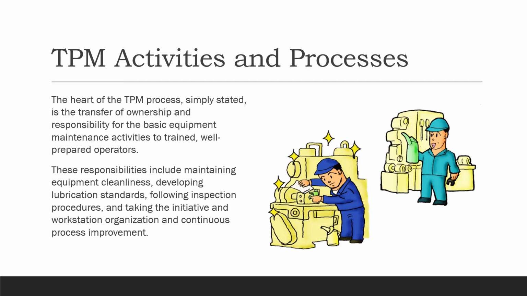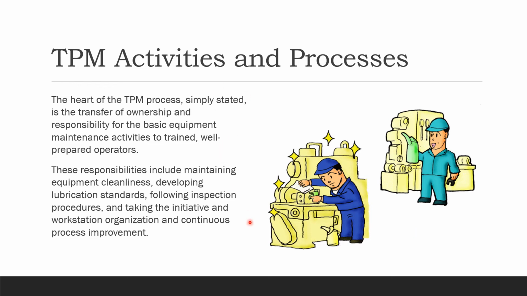The heart of the TPM process is nothing but the transfer of ownership, the transfer of responsibility for the basic equipment maintenance activities to trained, well-prepared operators. The responsibilities include maintaining equipment cleanliness, developing lubricant standards, following the inspection procedures, and taking the initiative in workstation organization and continuous process improvement.